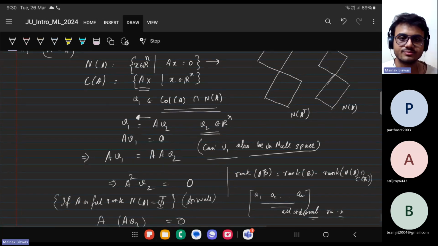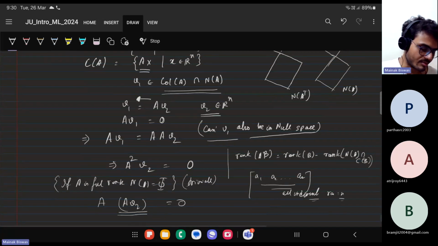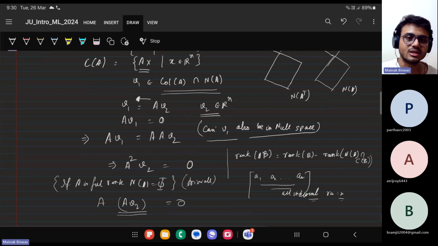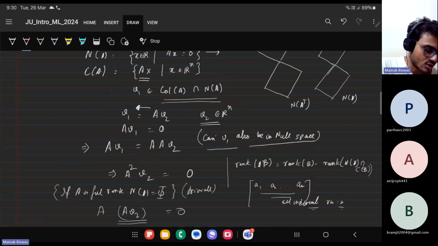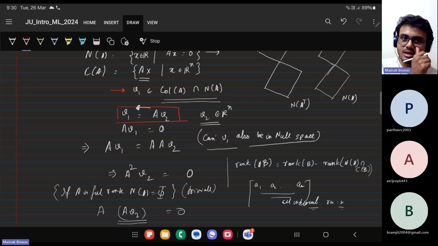There are two cases here. So this is generally not trivial. You can have elements that are not common. Just follow with me from here. V1 is in the column space of A intersection null space of A, right? From the definition, I can write V1 as A V2, correct? Some linear combination of the columns of A. Similarly, I can write A V1 equal to 0 because V1 is also in the null space.